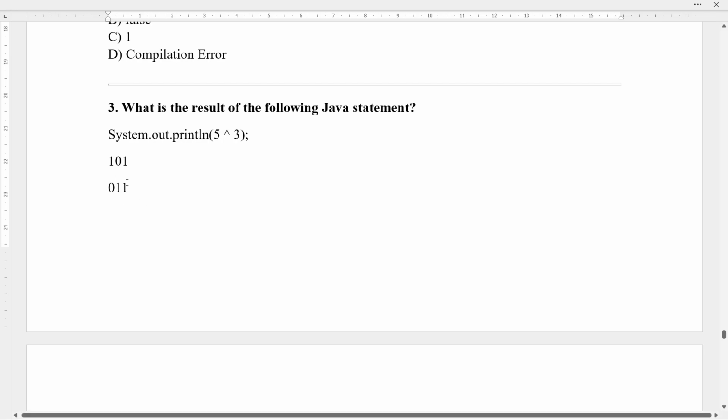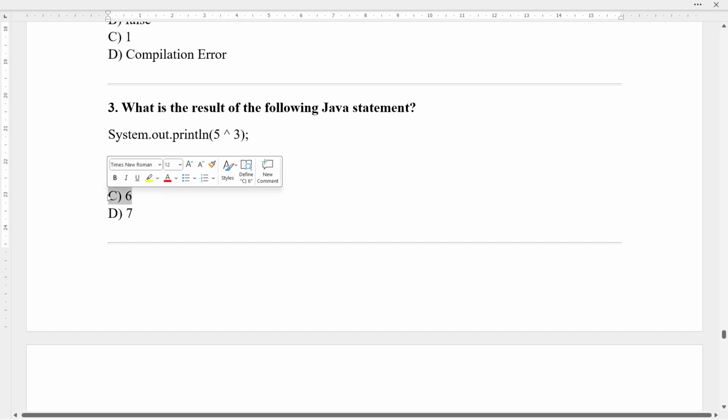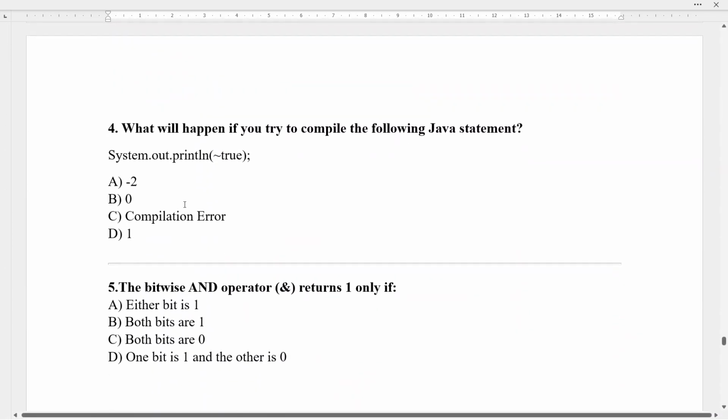So here both the bits are the same, it returns 0. And second, 0 XOR 1 returns 1 because both the bits are different. 1 XOR 0 also returns 1. So the decimal representation of 110 is 6. So 5 XOR 3 returns 6. Option C is correct.